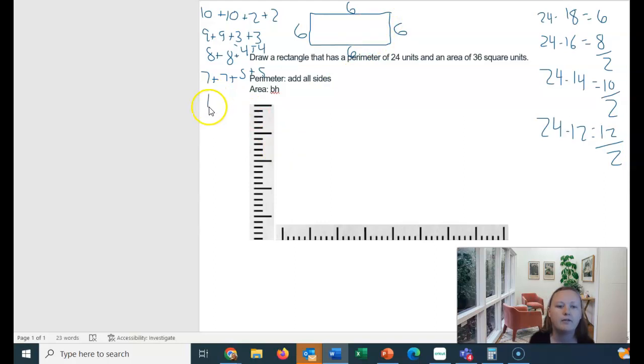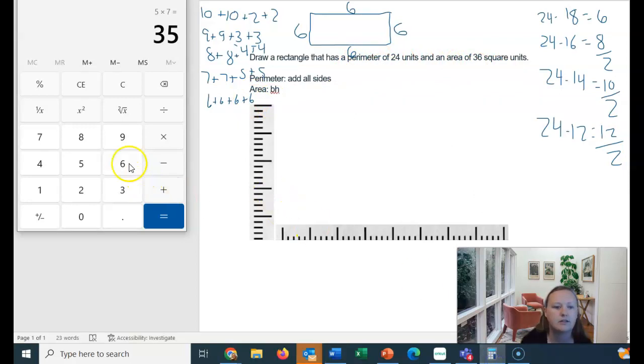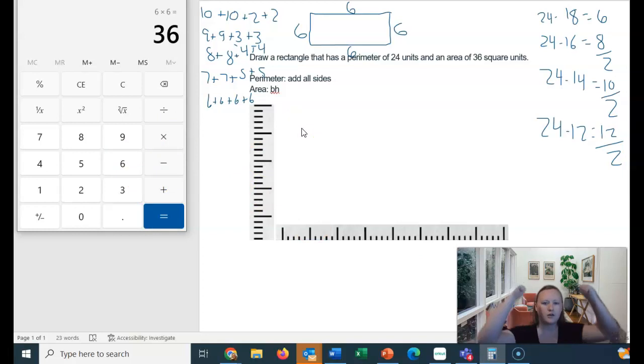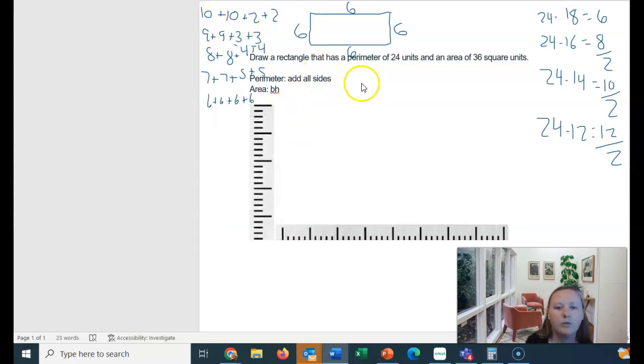So now we have 6 plus 6 plus 6 plus 6. Now let's see, for our area, if 6 times 6 is 36. 6 times 6 equals 36. Woohoo! We did it. So now we have a rectangle that has a perimeter of 24 and an area of 36. Now I need to draw it.